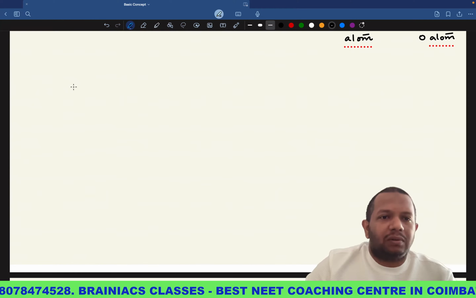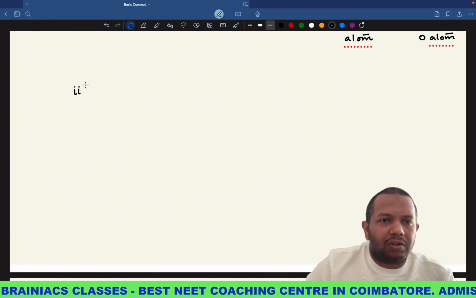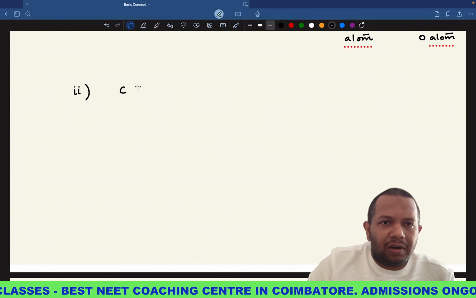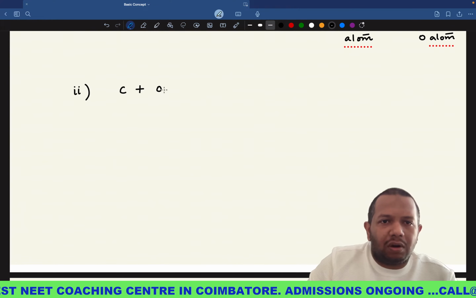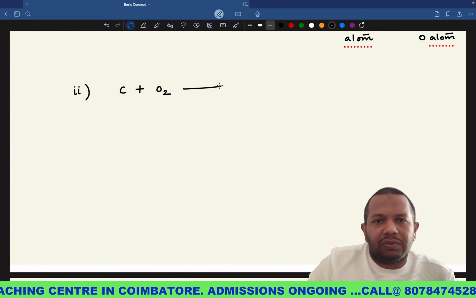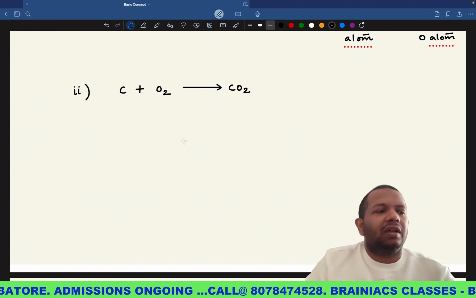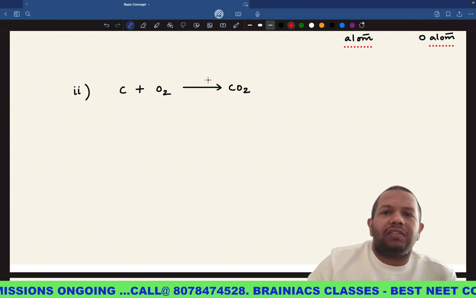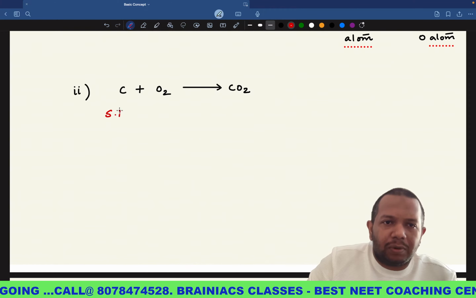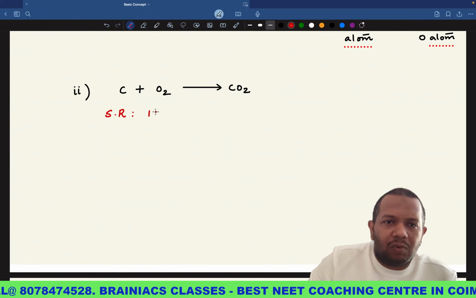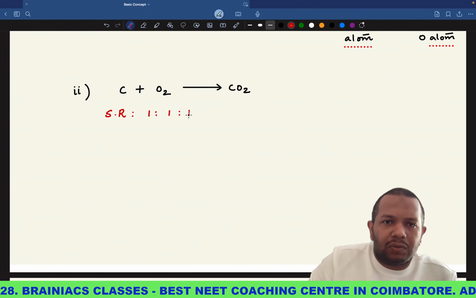Okay, so the second part of the question also talks about the same reaction, that is carbon with oxygen gives you carbon dioxide. Okay, the same thing. And what is the stoichiometric ratio? Stoichiometric ratio again same, 1:1:1.